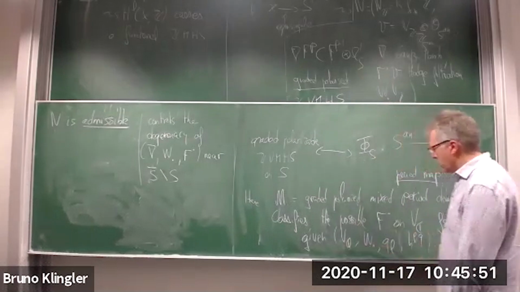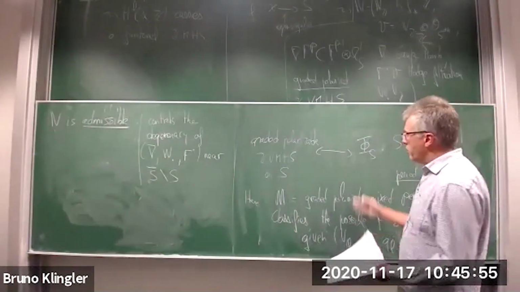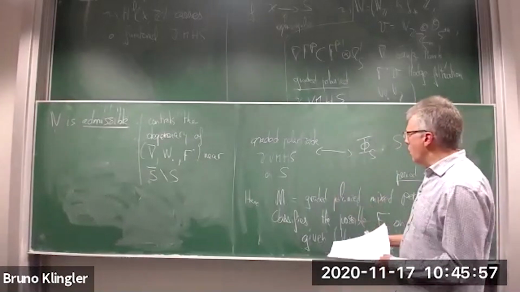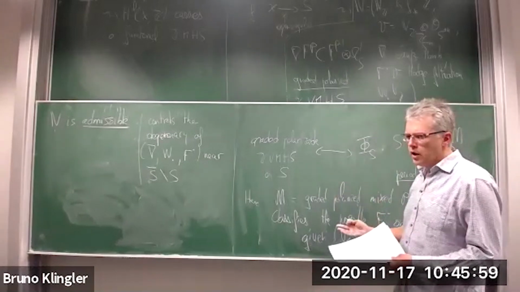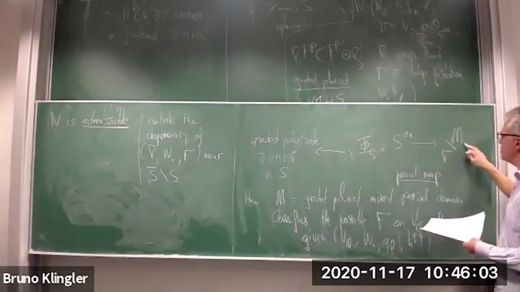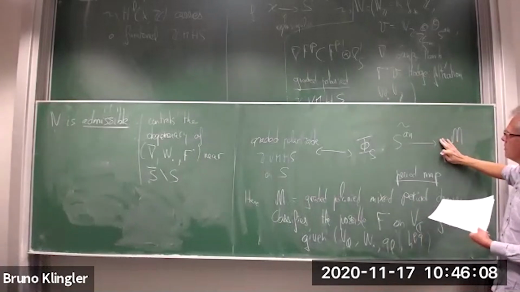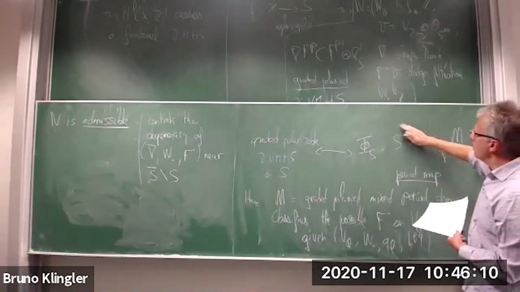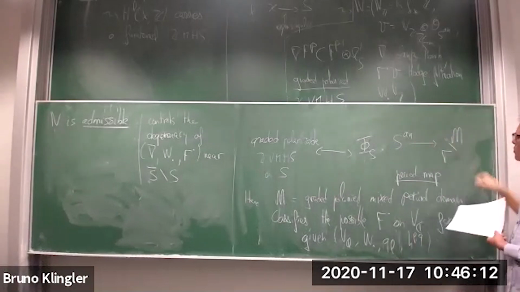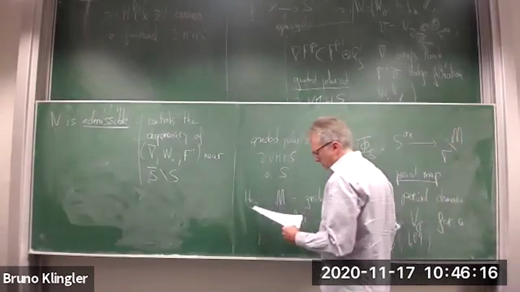And then at the level of the universal cover, you just have to describe how the Hodge filtration varies. As I said, the Hodge filtration varies holomorphically, so this gives you this map from the universal cover to M. And then there is some monodromy phenomenon. So when you go back to S, you have this action by gamma, which is basically the monodromy.